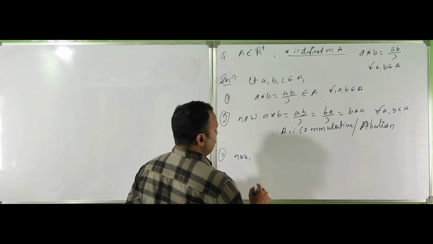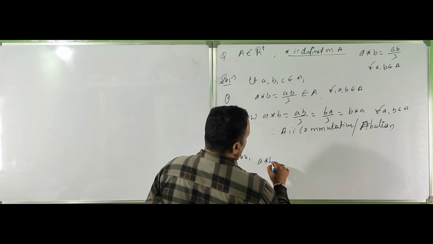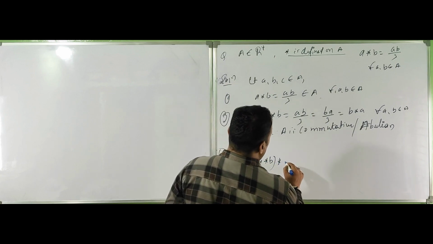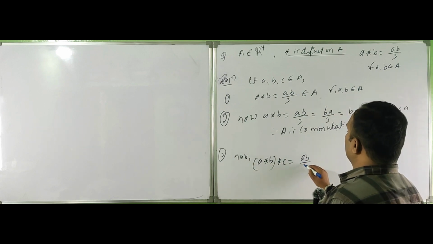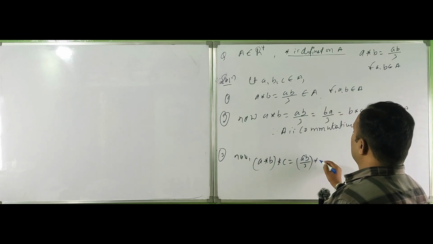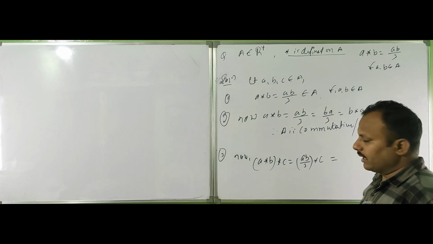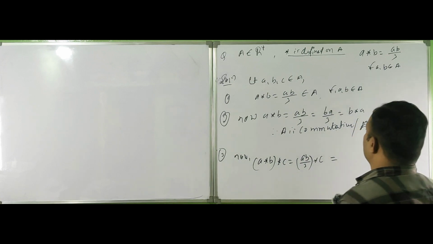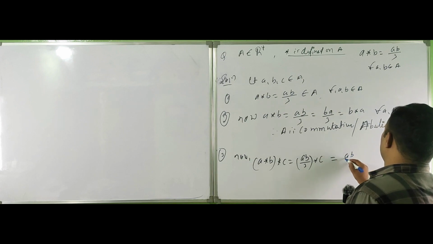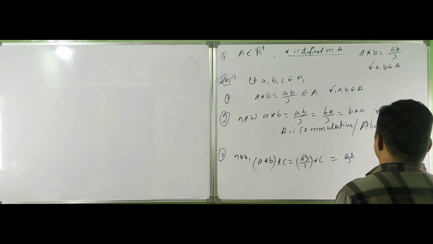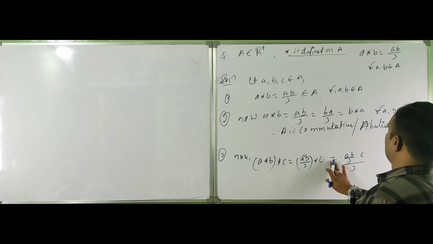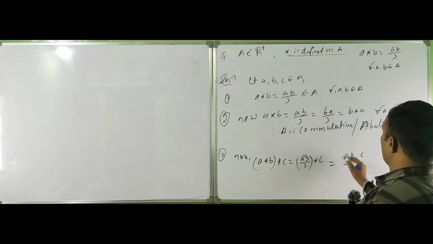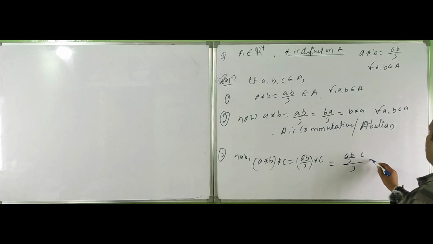Now consider A star B star C is equal to AB by 3 star C. This is the whole set A. So I can write this as AB by 3 into C by 3, so this becomes ABC by 9.